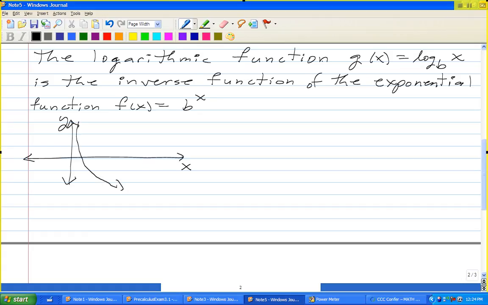The logarithmic function looks something like this. So this is the graph of y equaling log base b of x for the case that b is between 0 and 1. So note that this is always decreasing.